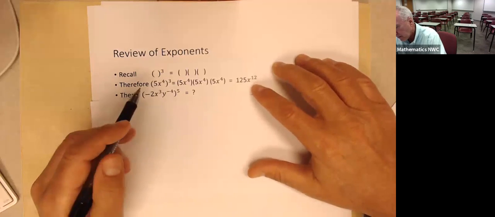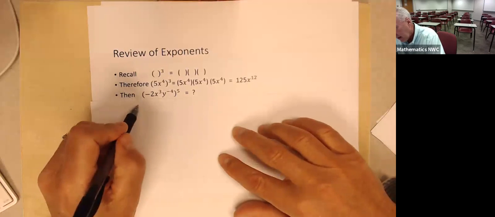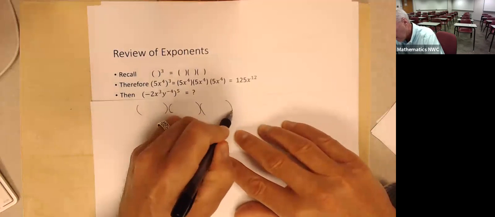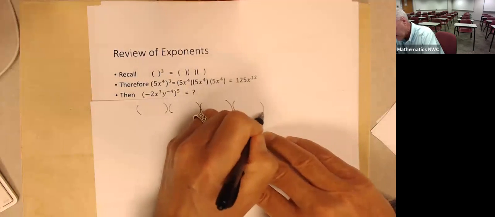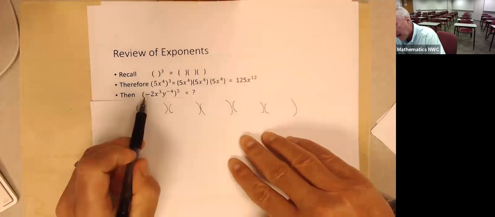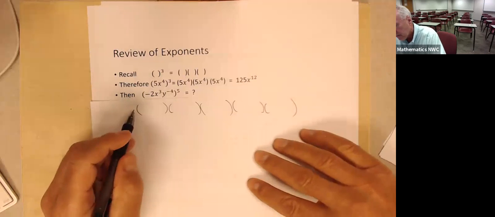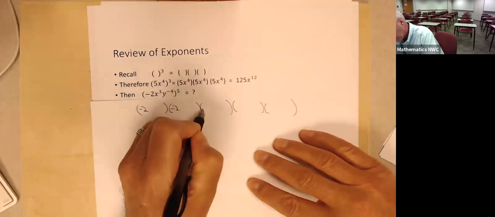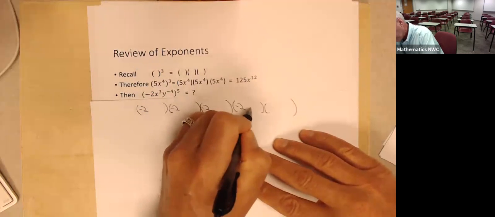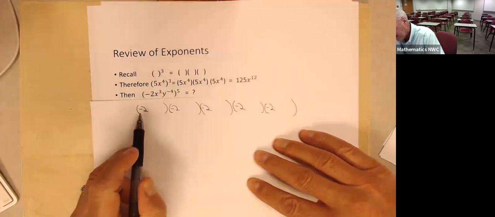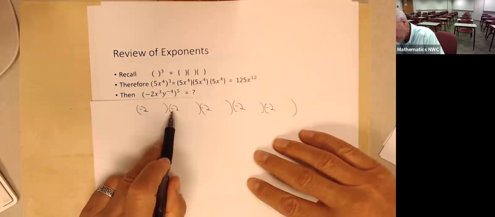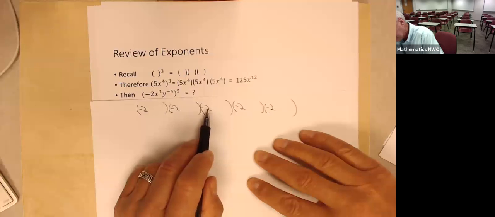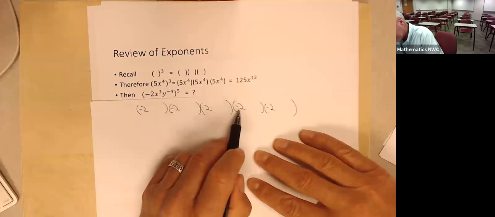Okay? Technically, I would have it raised to itself 5 times. Technically, I've got 5 of these parentheses. That means that -2, which is a coefficient, would have been out front every time. -2 times -2 would be 4. 4 times -2 is -8. -8 times -2 is 16.